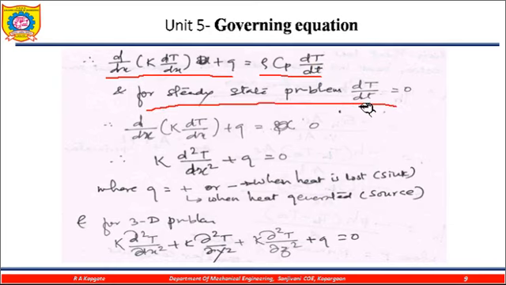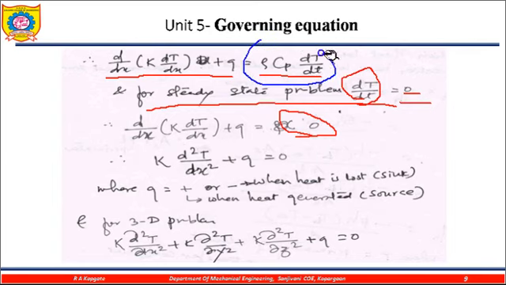Hence for the steady state problem, dT by small dt is equal to 0. Hence this value is 0, so this term becomes 0. Hence what we get is d by dx of k into dT by dx plus q is equal to 0.